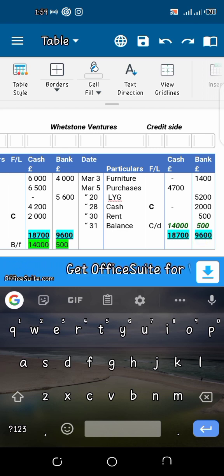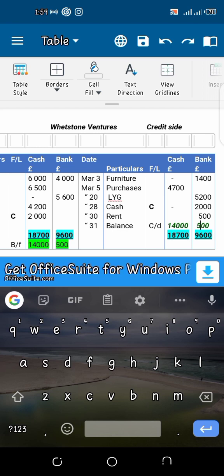So March 31st balance carried down is 500 for the bank column. Therefore, add the 500 to all the entries in the bank column to now give you the same total with the debit side, which is 9,600.